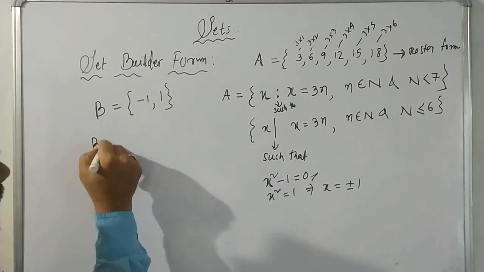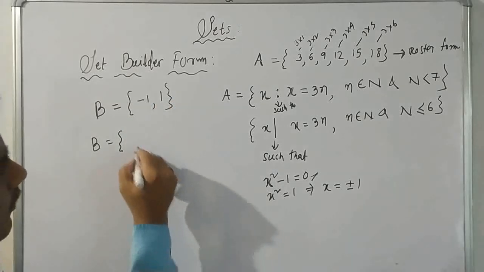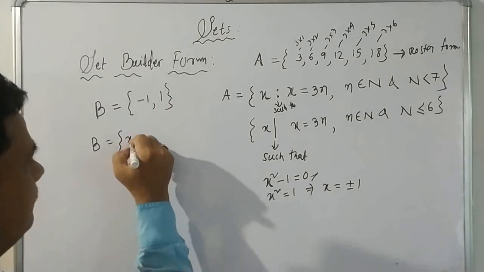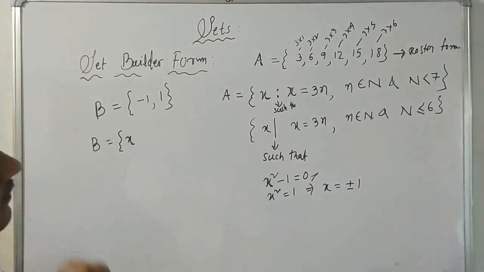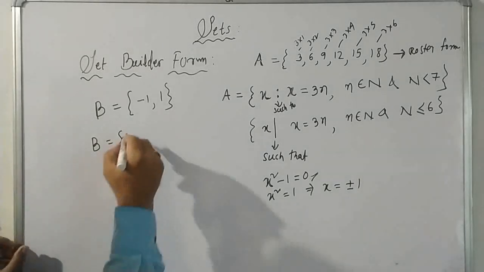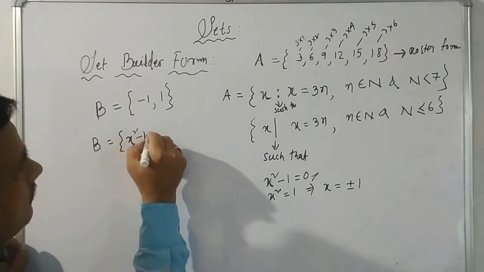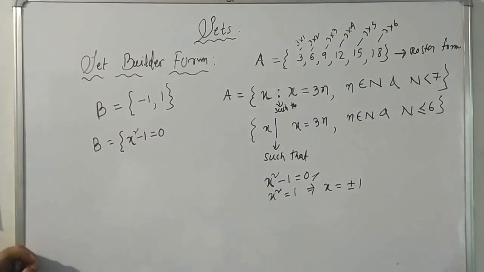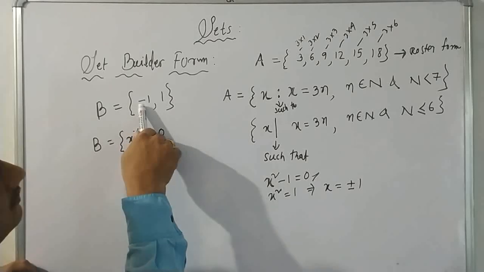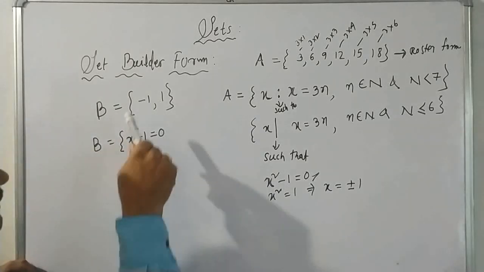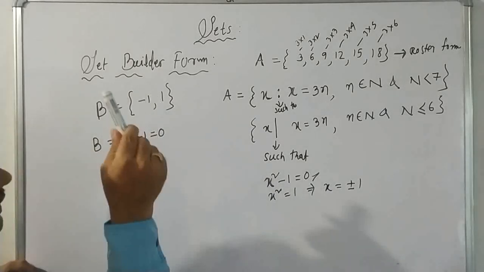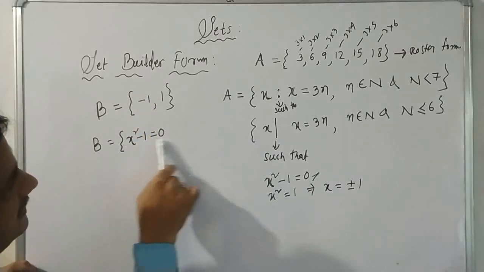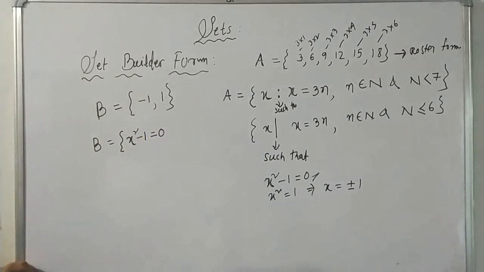Now you will write b. Okay, that common property x. Here minus 1 and 1 are the solutions of this quadratic equation.